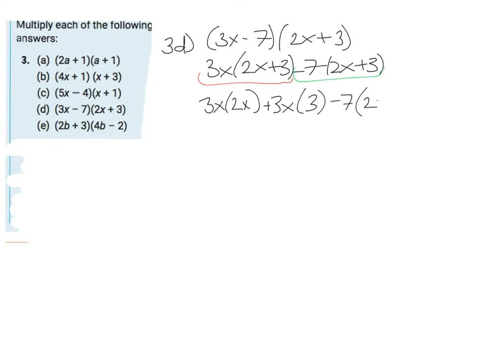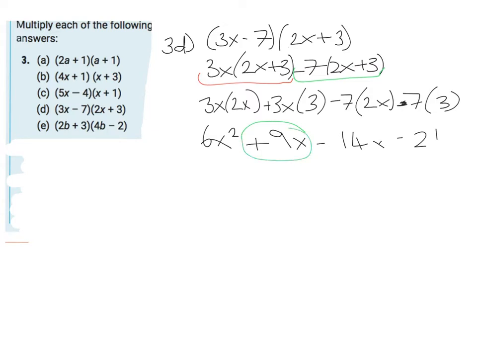Minus 7 is multiplied by 2x, and minus 7 is multiplied by 3. So we then get 6x squared plus 9x minus 14x. That should be a minus 21. And our answer is 6x squared minus 5x minus 21.